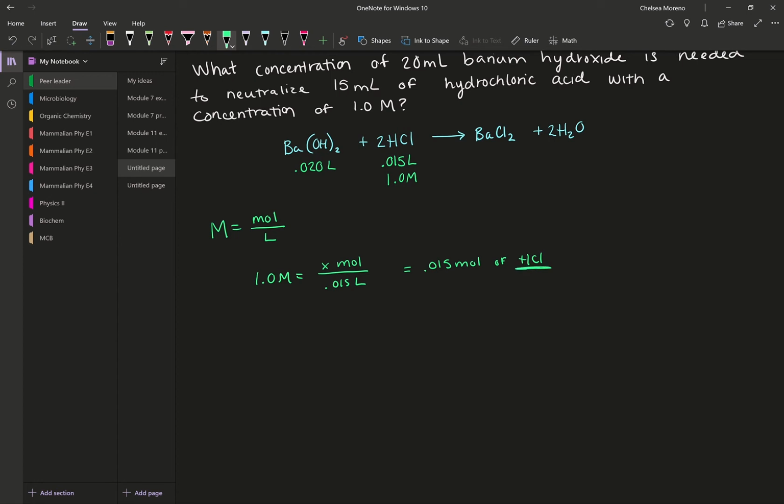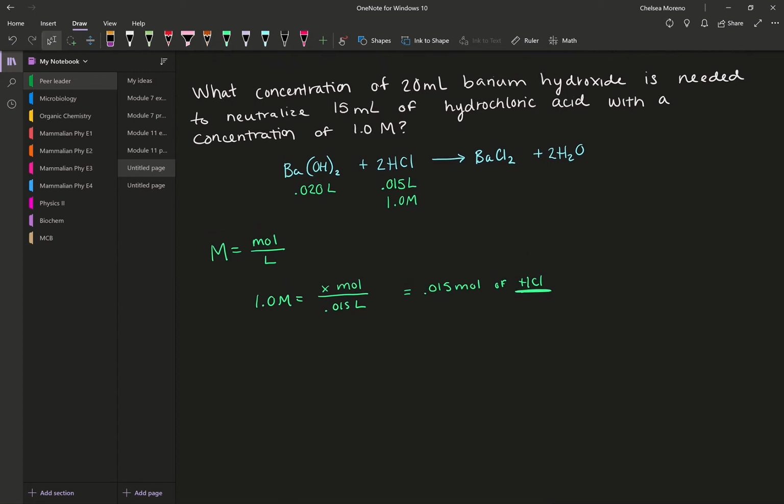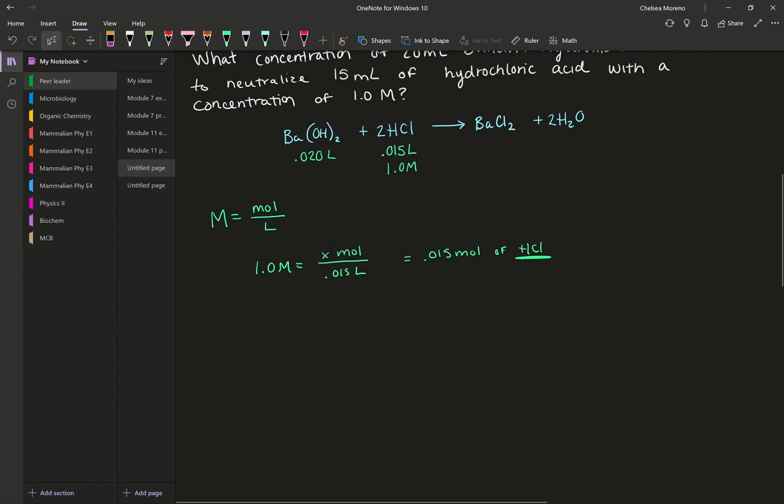Remember, we're working with hydrochloric acid. So in the end, we want to know the concentration of barium hydroxide, right? Which means that we need to work with barium hydroxide. Right now, though, we're working with hydrochloric acid. So we need to compare hydrochloric acid to barium hydroxide, right? Which means that we need to do the molar ratio.